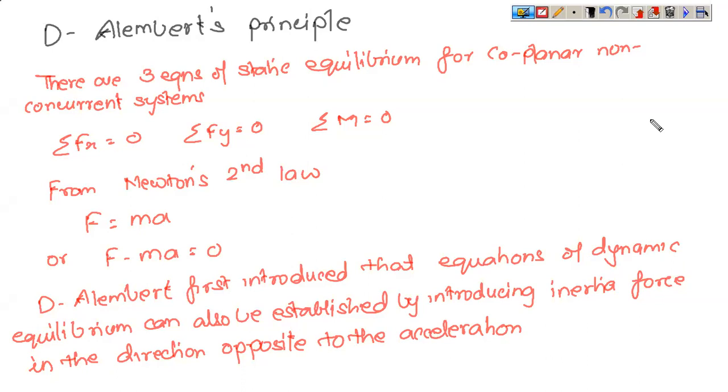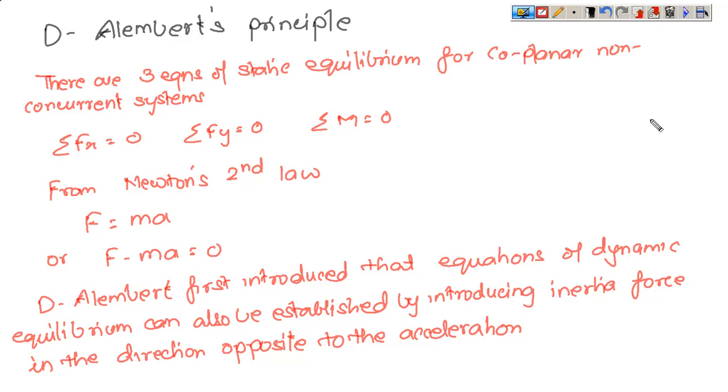Whereas if you have a coplanar non-concurrent force system, you have three equations of static equilibrium: sigma Fx, the sum of all forces in the horizontal direction, the sum of all forces in the vertical direction, and the sum of all moments taken about any point, equal to 0. We have gone through all this.